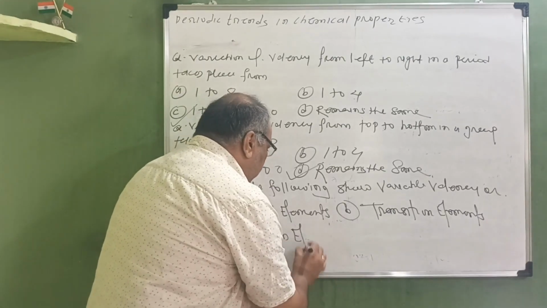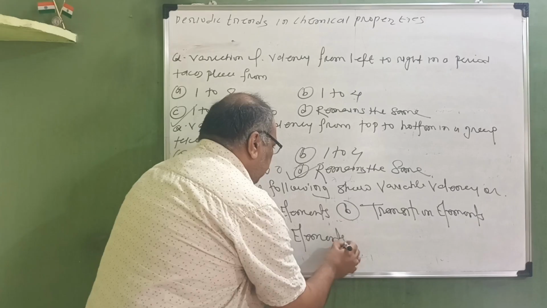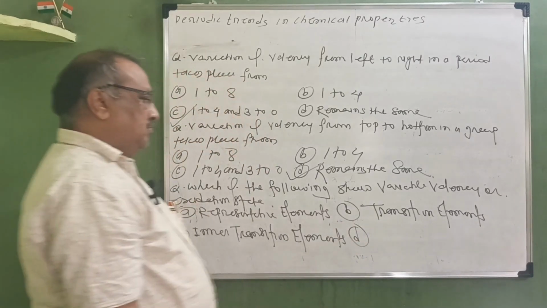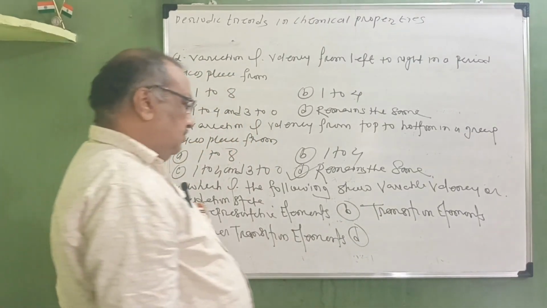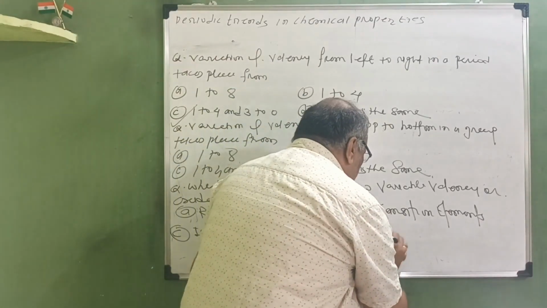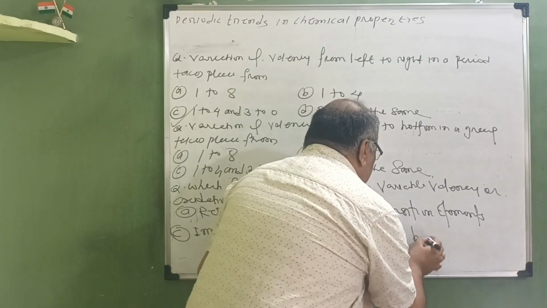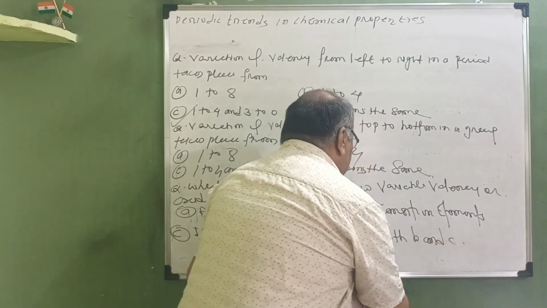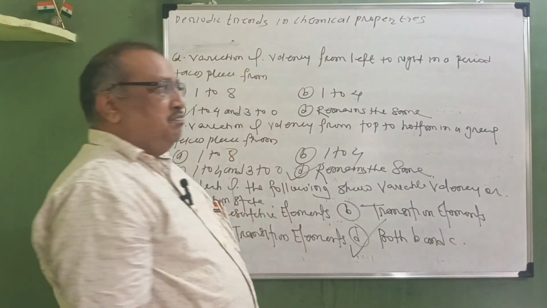That means F block elements. And D. Both B and C. Here the correct answer is both B and C.